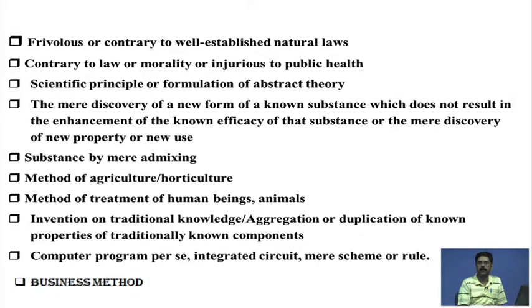What abstract theory they are thinking about, that neutron, positron and other parts, that will not come within the purview of patent, because let them keep it in the form of a theory or principle. People can use those principle and theory for other purposes. Okay. So, that way that will not be considered patentable.